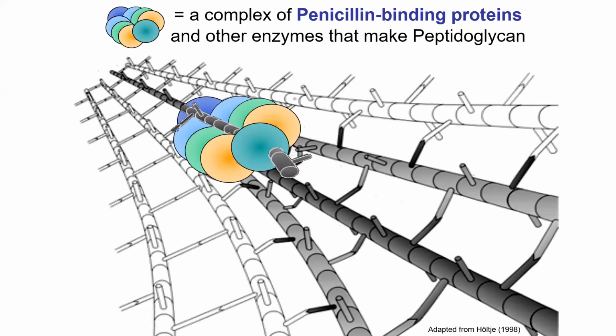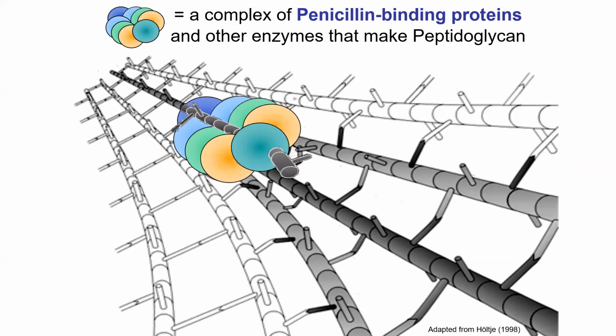A bunch of them are known as penicillin binding proteins. Penicillin binding proteins are actually enzymes, and they were discovered long ago, and we didn't know what they did, other than that they bound to penicillin. So that's how they got their name. It's not really the best name in terms of the enzymatic activity, but this is what they do.